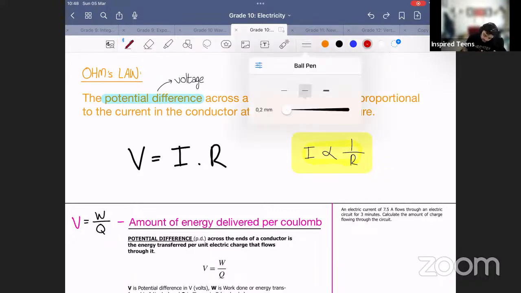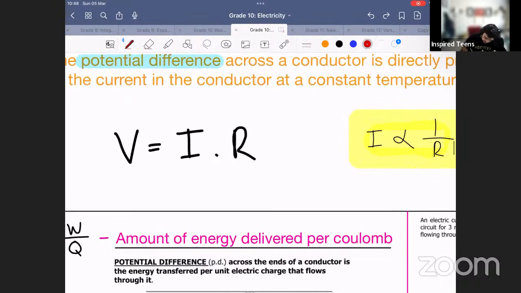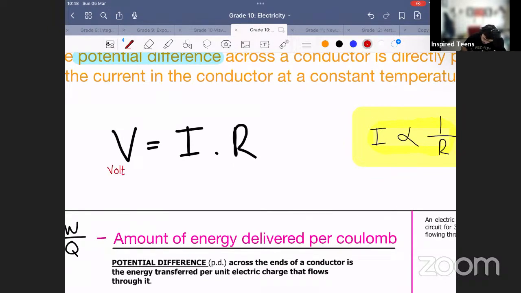Now, what is V? V is our voltage. The unit for voltage is volts, or V. I is current.